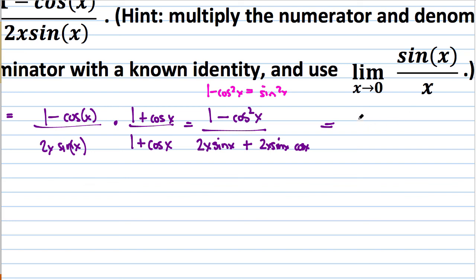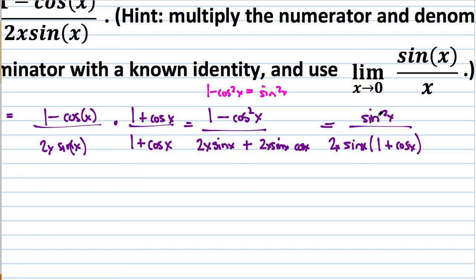So my numerator is the same as sine squared x. This is all over something that includes sine of x in both terms, so I'm going to factor out a sine of x. Actually, I'm going to factor out a 2x as well. Why not? So I have 2x sine x times 1 plus cosine x.